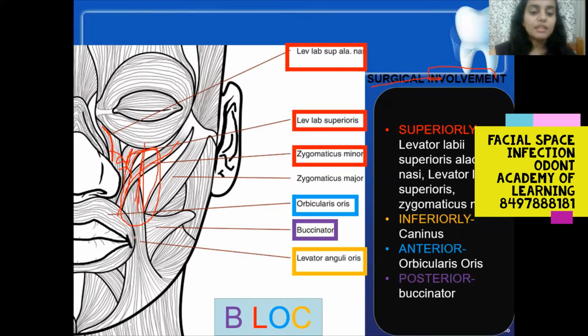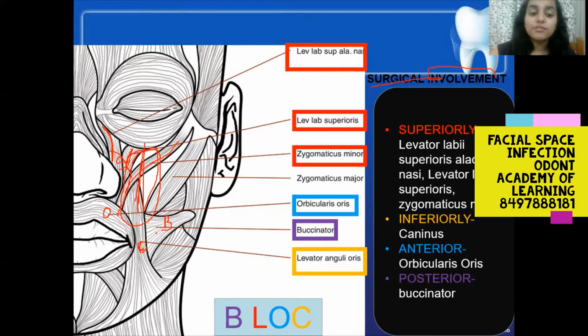On the inferior aspect, we have the caninus muscle, also called levator anguli oris. Anteriorly, we have the orbicularis oris muscle, which runs around our circumoral region. And then on the posterior aspect, we have the buccinator muscle.